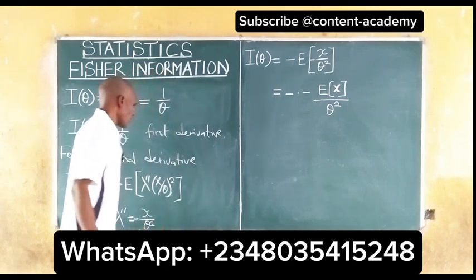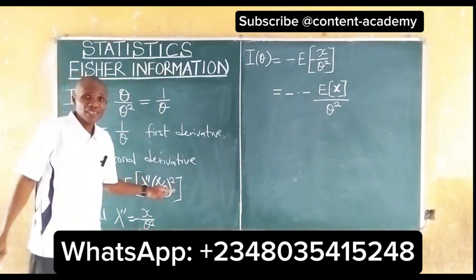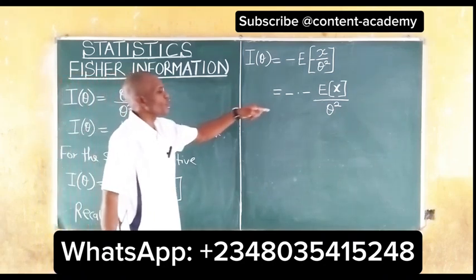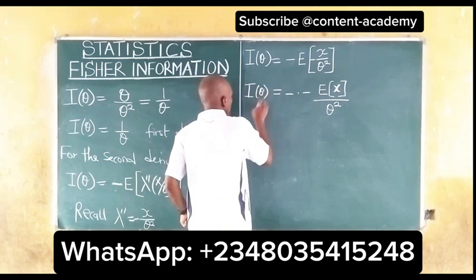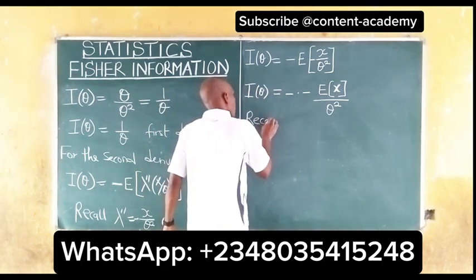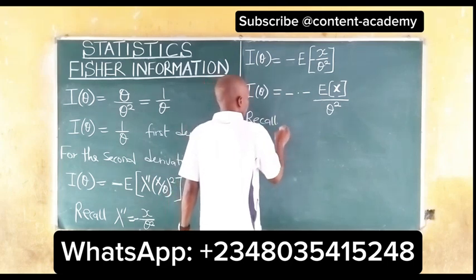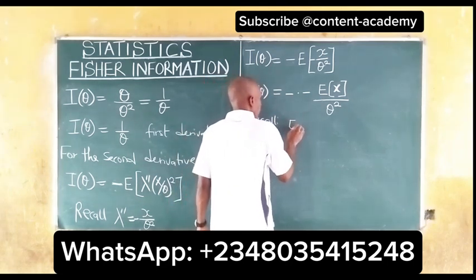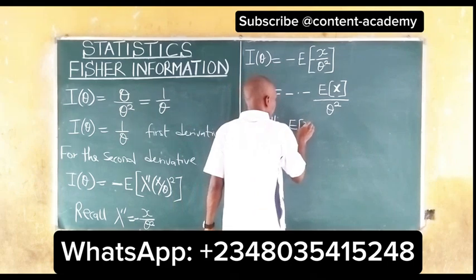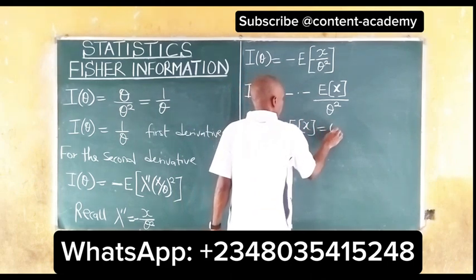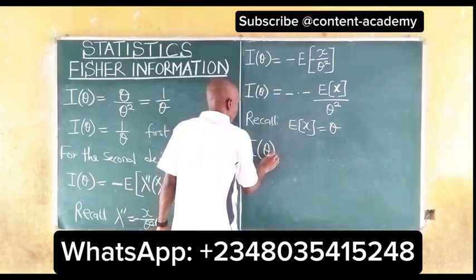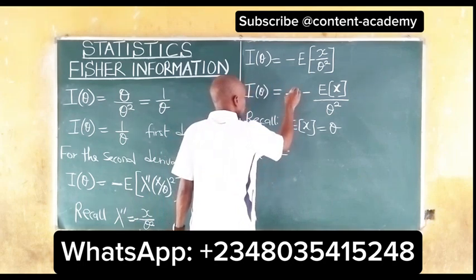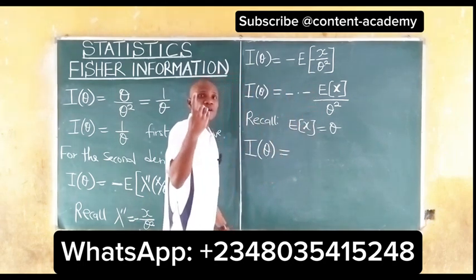So recall that if you still put your x here for Poisson distribution, the expected value of x is equal to theta. So we have our Fisher information to be equal to this multiplied by this to be positive.